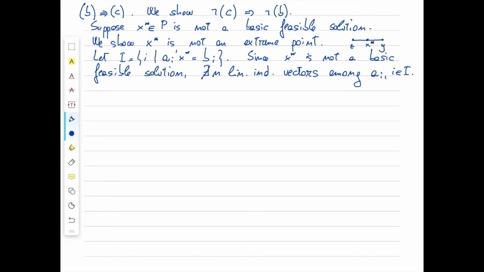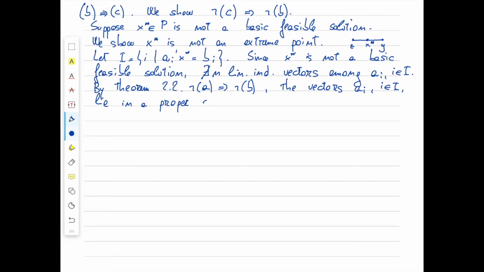Now we use our theorem 2.2 of linear algebra. By theorem 2.2, and specifically we're using not A implies not B, we obtain that the vectors a_i for i in capital I lie in a proper subspace of R^n.